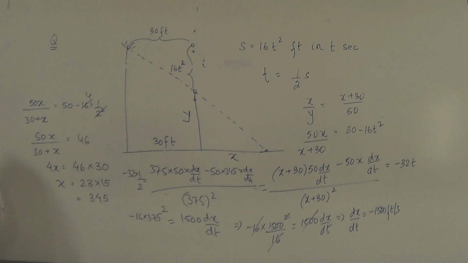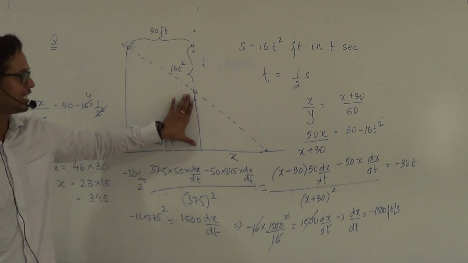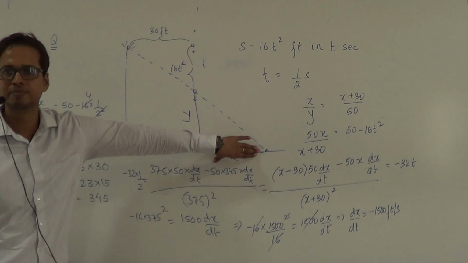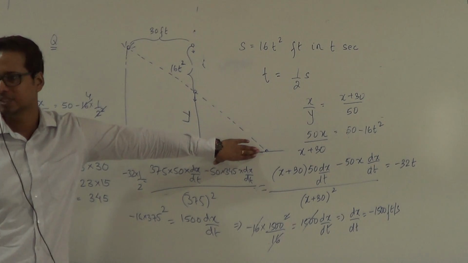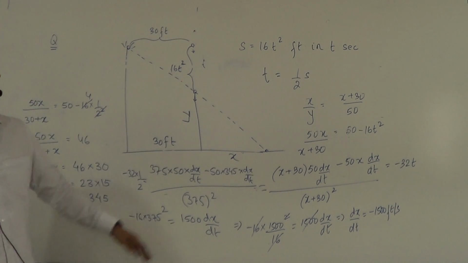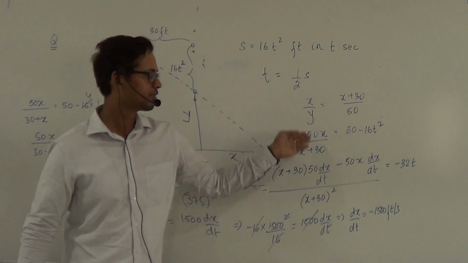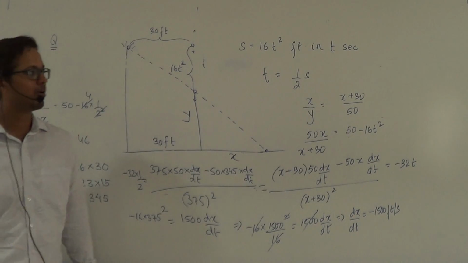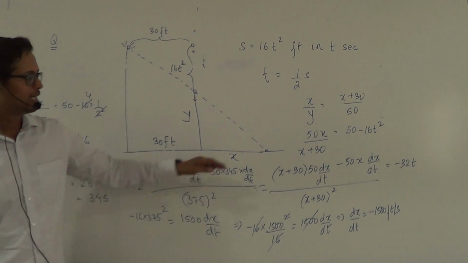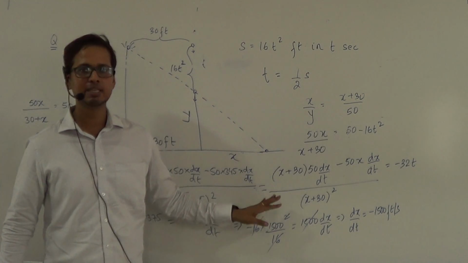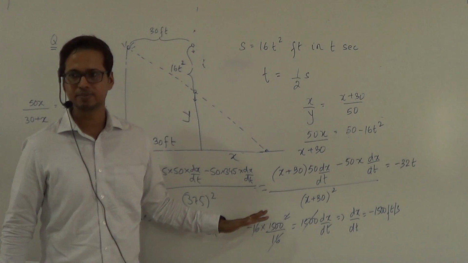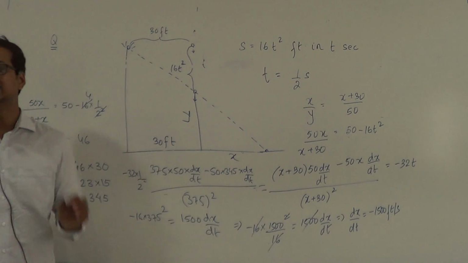Is the idea clear how it works? So I'll again repeat whatever I did so far. First I connected the height of the ball with the position of the shadow, correct? Then I struck a relationship like this, substituting my y in terms of t. I differentiated both sides, keeping in mind that I have to use chain rule there. Then I substituted the instants.